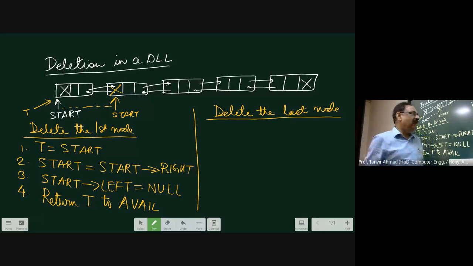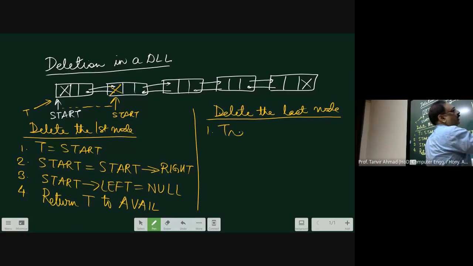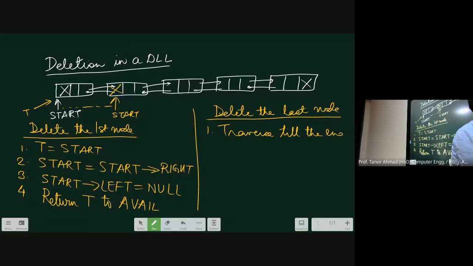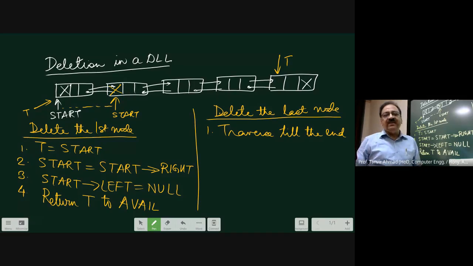Therefore, I will just write a traversal till the end. When I start traversal with t, I will reach t to this position. Now you know that the standard way to traverse is the same. T is equal to start, while T of right is not equal to null, T is equal to T of right.